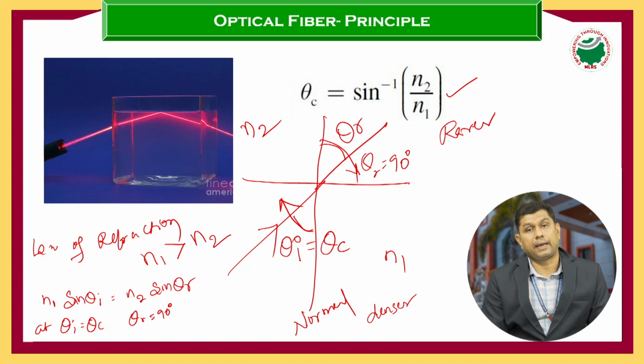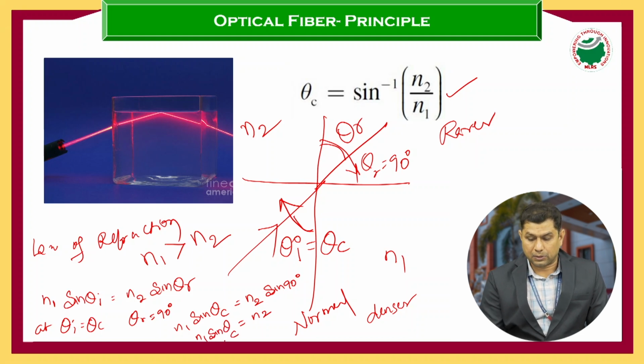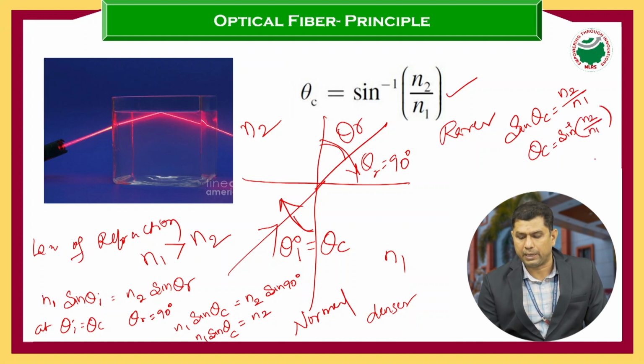When the incident angle is the critical angle, then the refraction angle becomes 90 degrees. Then n1 sin theta c equals n2 sin 90 degrees. We know that the value of sin 90 is 1. So sin theta c equals simply n2 by n1. Theta c equals sin inverse of n2 by n1.